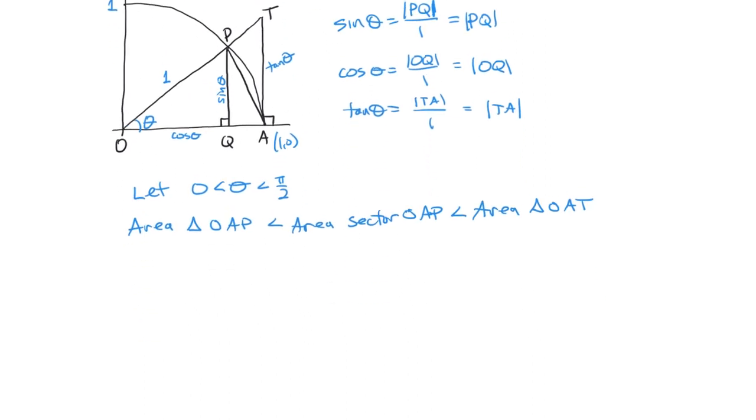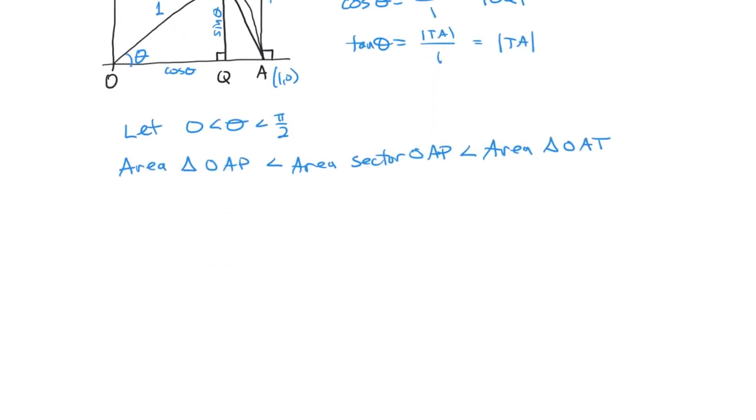Okay, so let's look at those areas and see what they are. The area of a triangle we know is 1/2 base times height. In this case it would be 1/2 times the base, and the base of this triangle OAP is 1, for the length from O to A. So I'm using the formula for a triangle, 1/2 base times height.